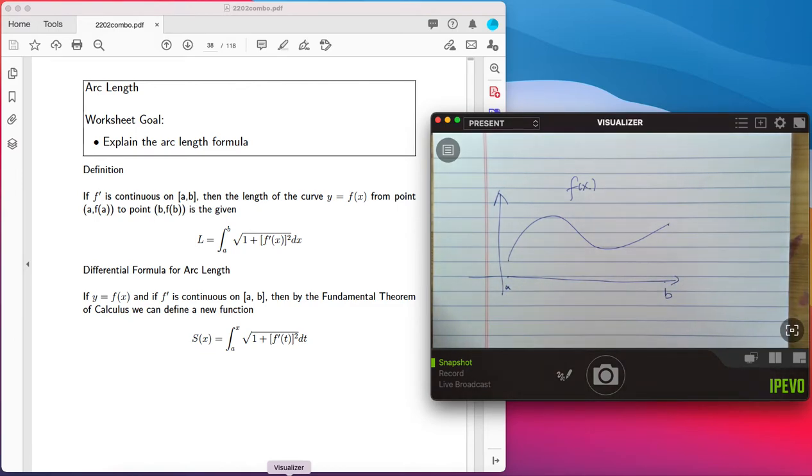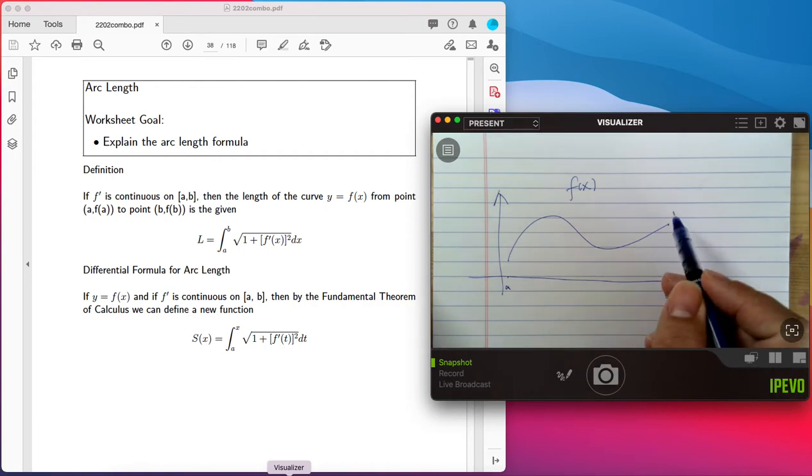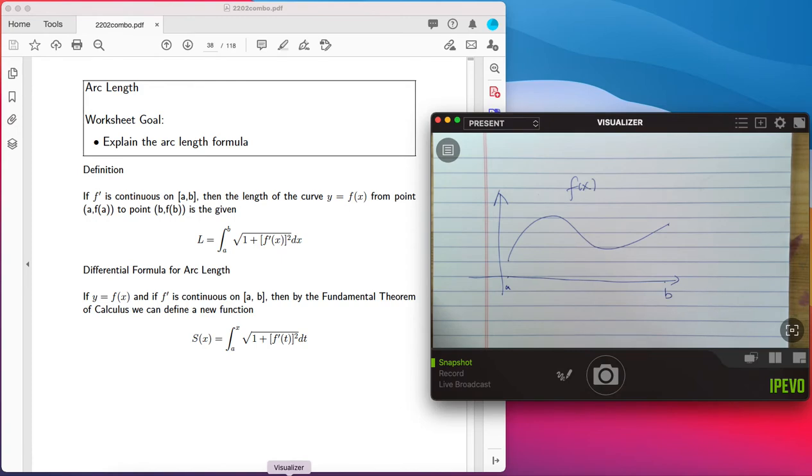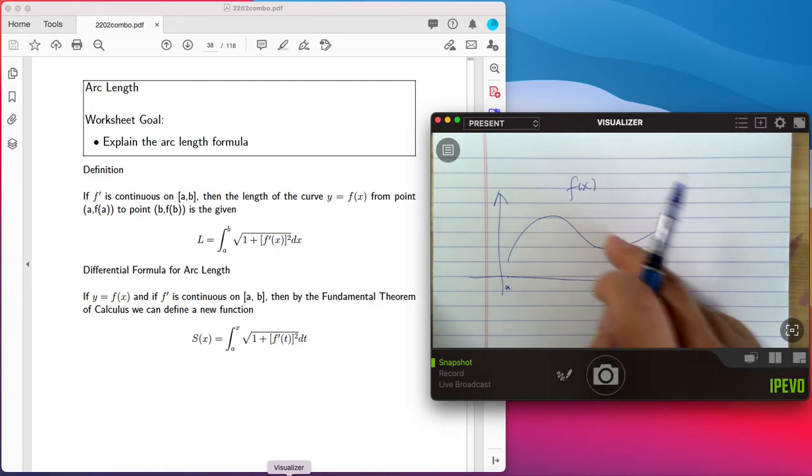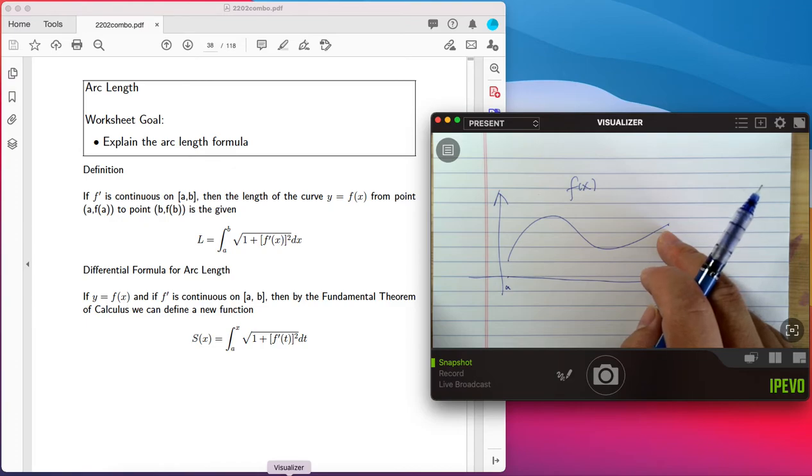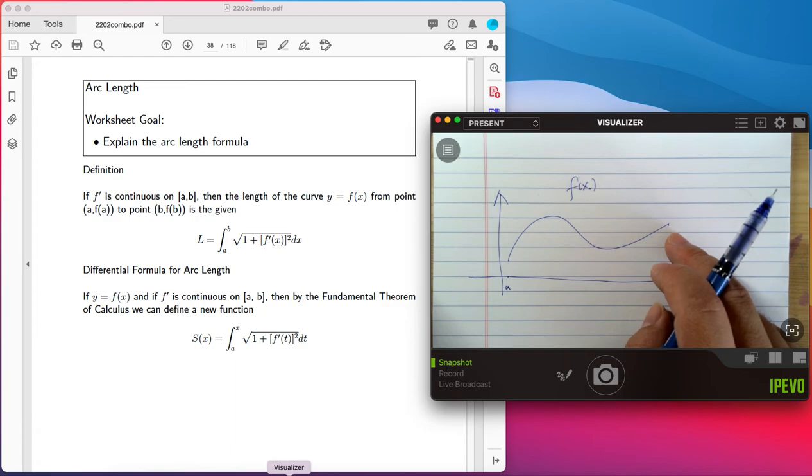Now how do we calculate this arc length? If I don't know how to figure out the arc length at this moment, at least I can give a try to approximate it.